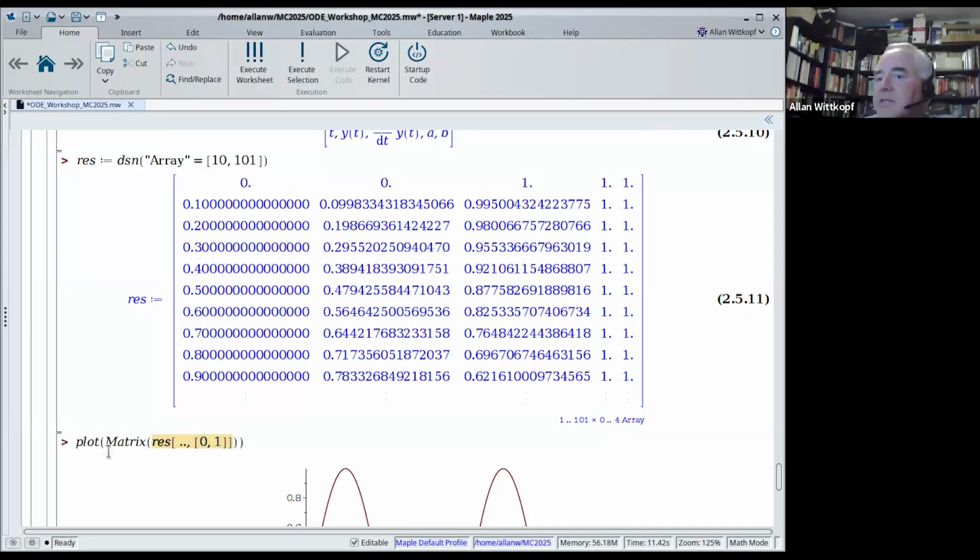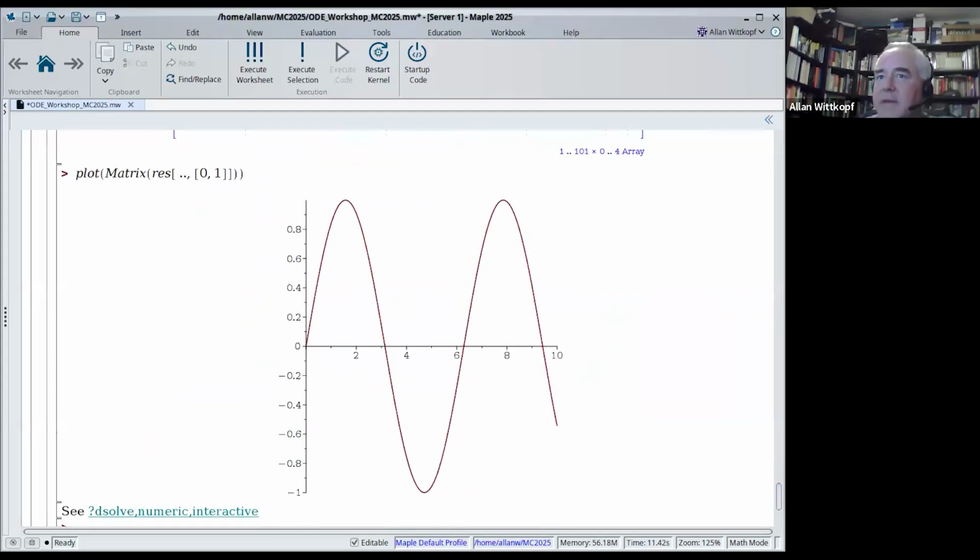And I have to cast that into a matrix, because otherwise, if I just ask for 0, 1, it's indexed from 0 and it wants the 1 and 2. So I can just call this simple command to directly display the plot without having to go through ODE plot or anything else.